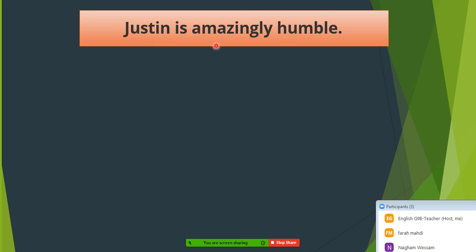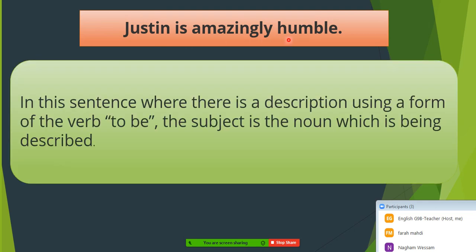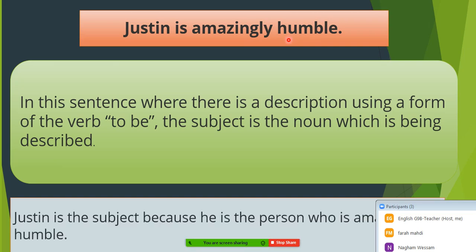In a sentence where there's a description, you find that there is a description for the noun itself, the subject, the thing that follows or precedes the verb to be. Like here, Justin is amazingly humble. Here, I don't have an action verb like the previous one.